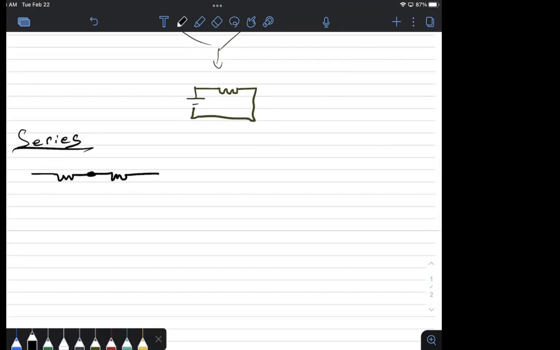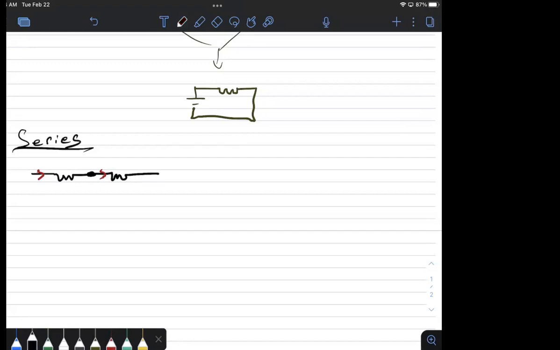You have two resistors, one's connected to the other, and what makes it series, one way of thinking about it, is every electron that hits the first resistor will also hit the second one. There's no choice. There's no divergent path here where the electron can hit the first one and then move and not hit the second one. If an electron comes in and hits R1, then it has to hit R2 as well. And thus they would be connected in series.